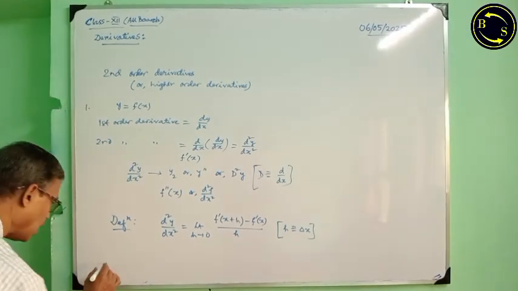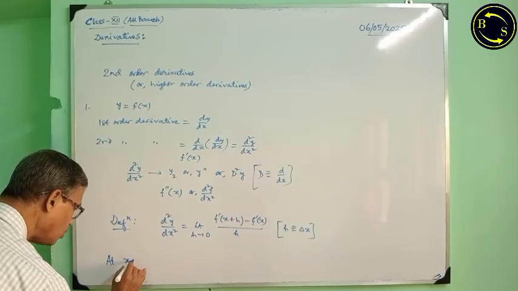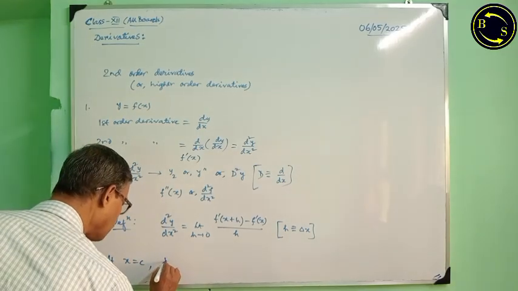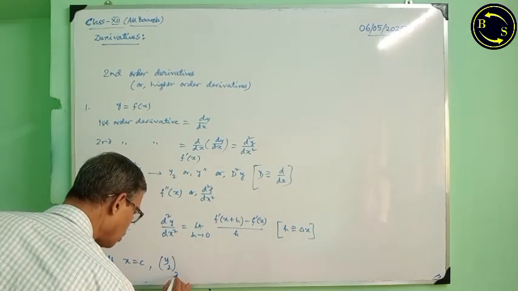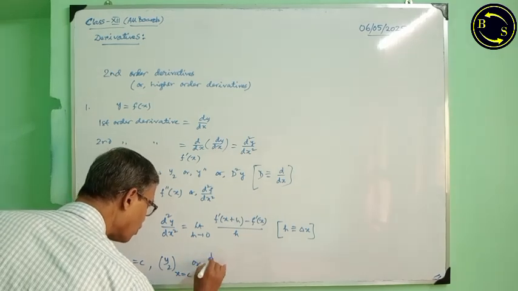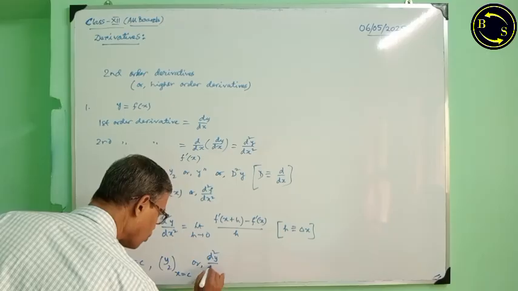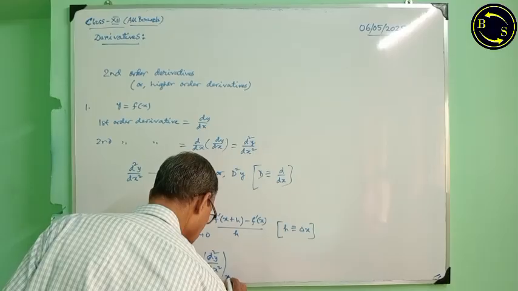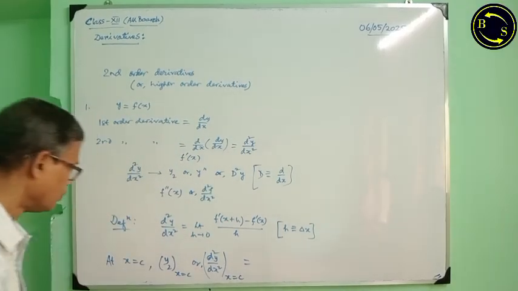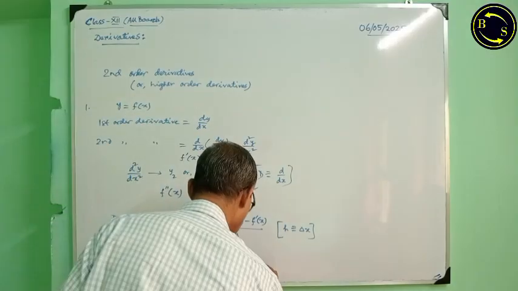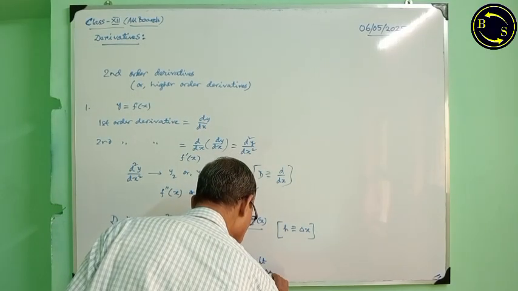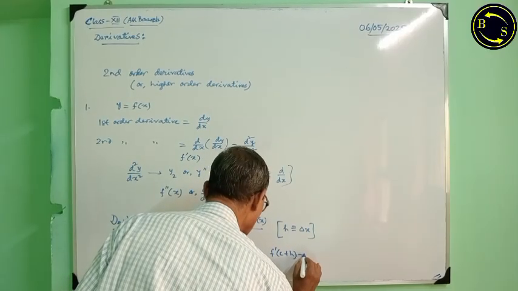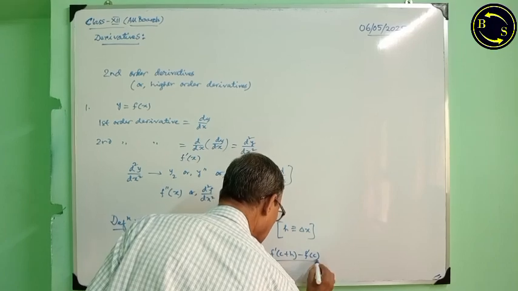And at x equal to c, that means at a certain point, the derivative is denoted by this symbol, which is equal to limit h tends to 0 of f dash c plus h minus f dash c divided by h.